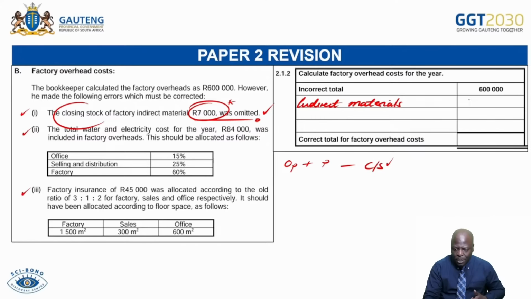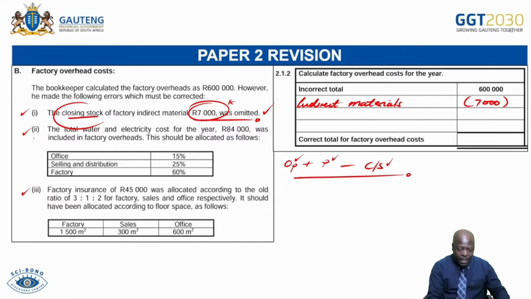We are definitely going to subtract it. So we come here then we say minus 7,000 because it is closing stock of indirect materials. Therefore, we would subtract it. If it was opening stock, then you would have to add it. If it was a purchase which was omitted, then you would have to add it. So this becomes key, therefore.